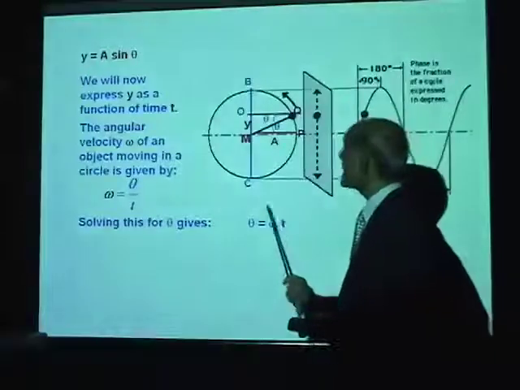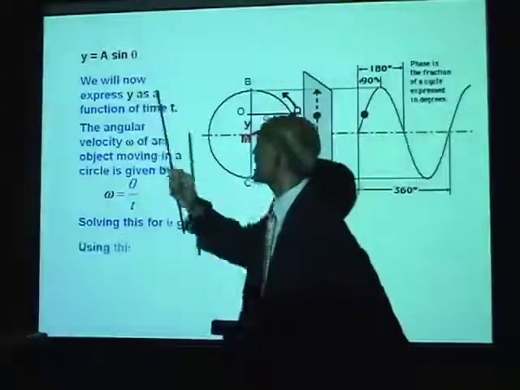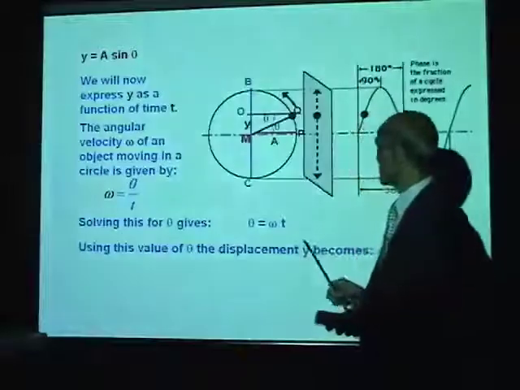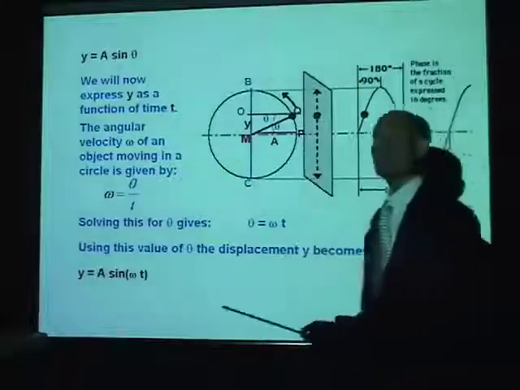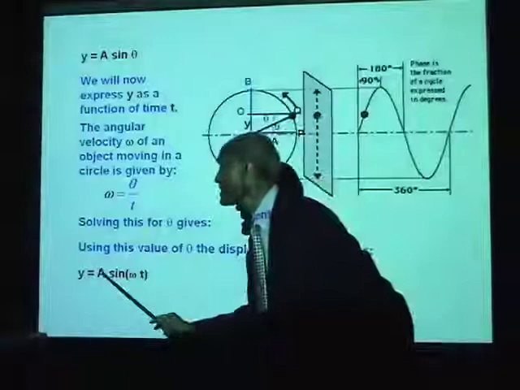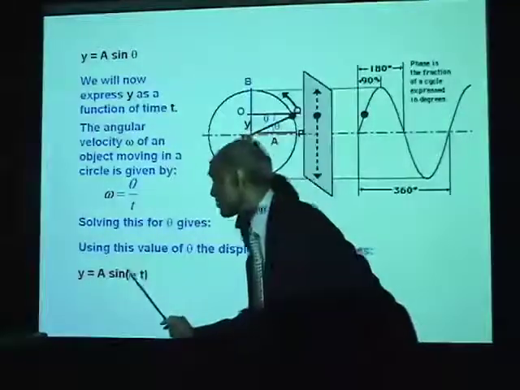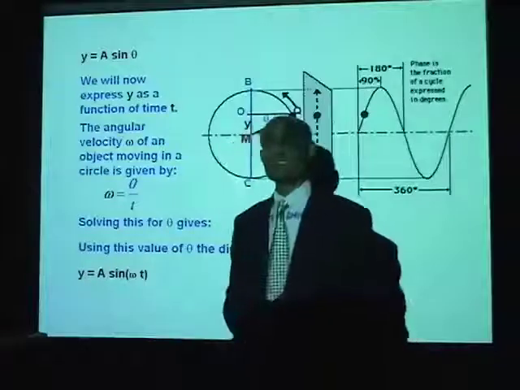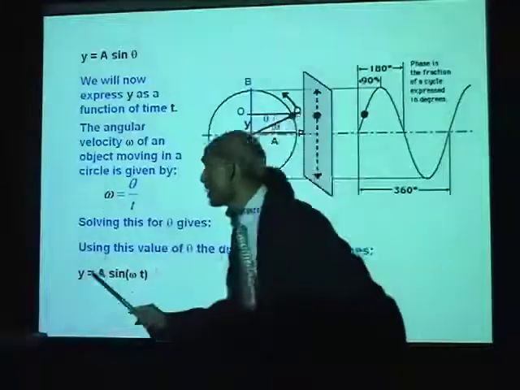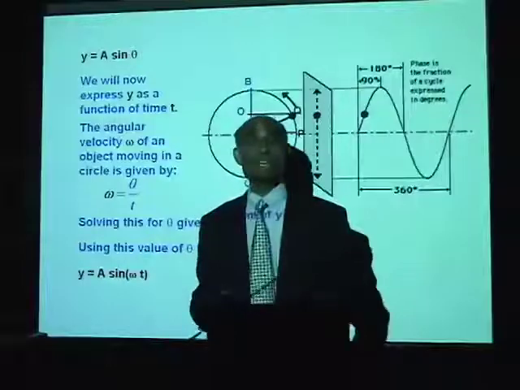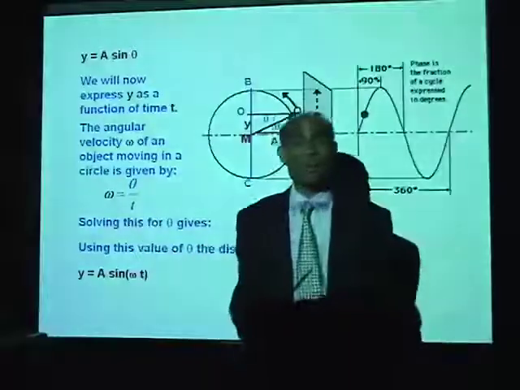Alright, let's take theta equal to omega t in that equation. What does the equation now become? The equation now becomes y equal to a sine omega t. Watch that, omega t is a single quantity. Alright, now we obtained the displacement of oscillation.